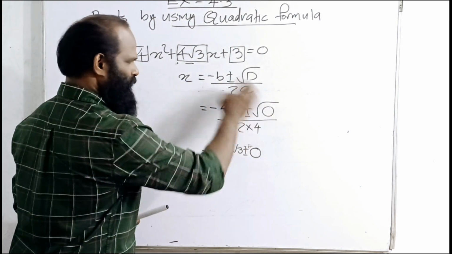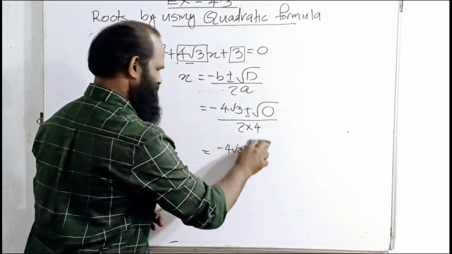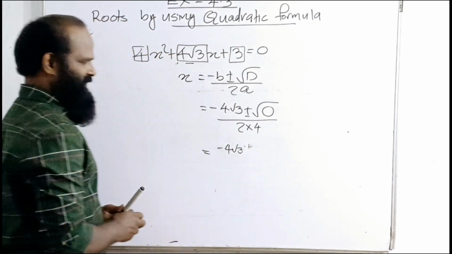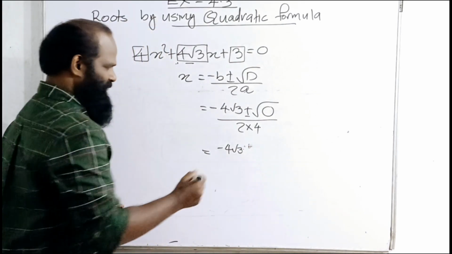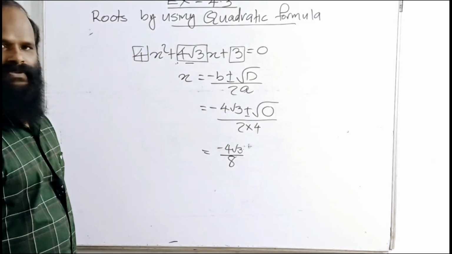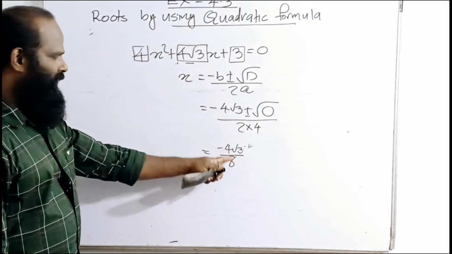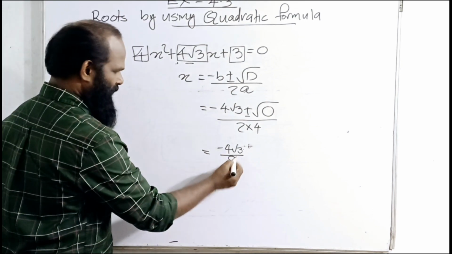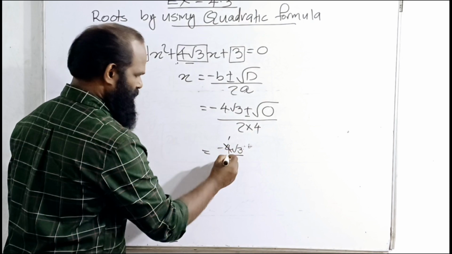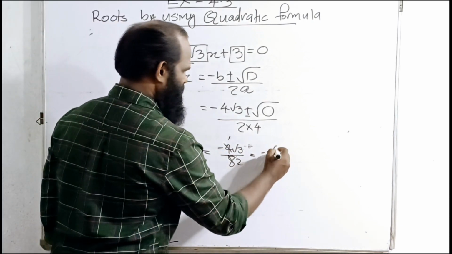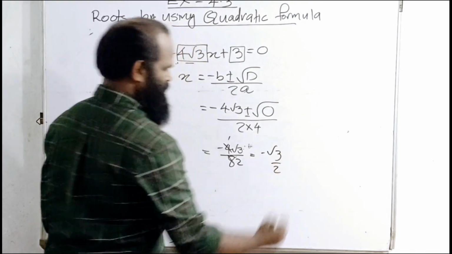The square root of 0 is 0 itself, so you just leave it. This part is not at all needed. Our headache is lessened. So 8 can be cancelled with negative 4. 1 4, 2 4s. So we get negative root 3 by 2.